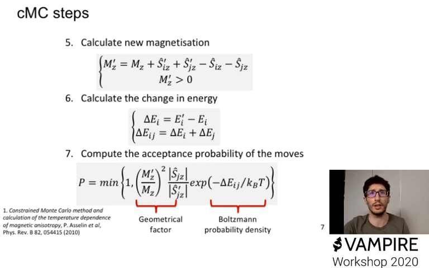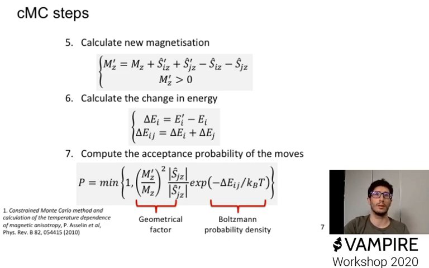And this factor here is a geometrical factor, which needs to be introduced due to the fact that we are now dealing with two spins and the phase space is slightly modified.